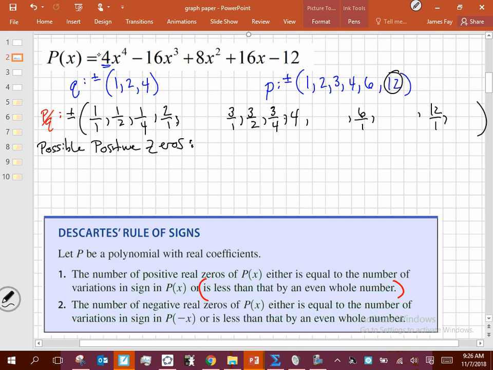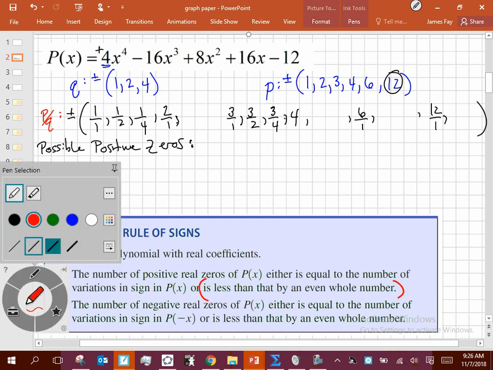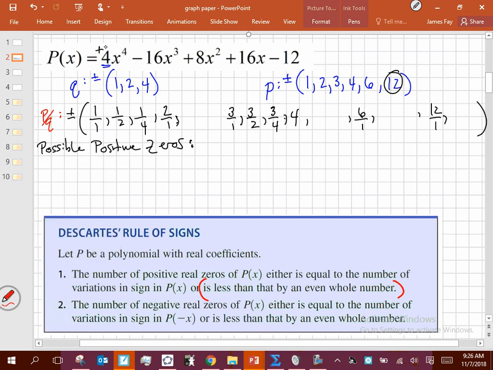So if I look at this, we just count sign changes. If I go from a positive 4 to a negative 16, that's counted as one sign change. That make sense? Went from positive to negative. Now I go negative to positive, there's a second sign change. Is positive to positive a sign change?